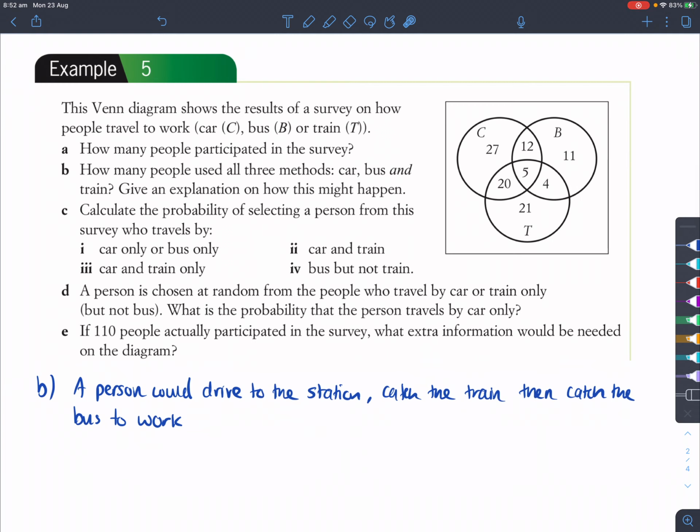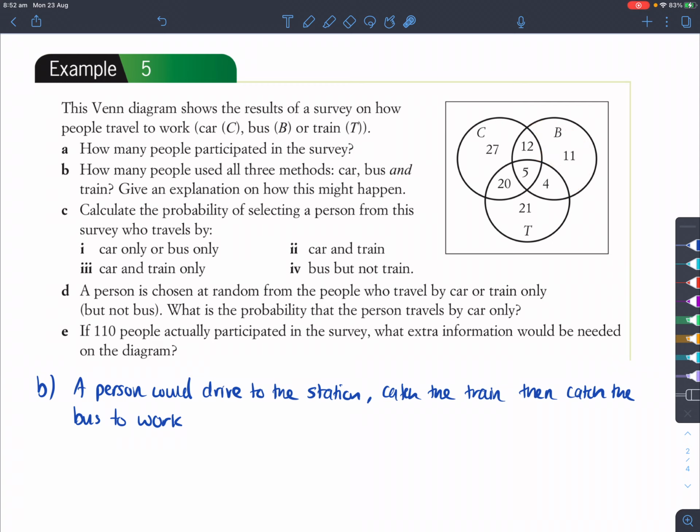This Venn diagram shows the results of a survey on how people travel to work: car, bus, or train. Evidently, you can see that some people only take the car, or only take the bus, or only take the train, and that's resembled by these parts. So that's only car, only bus, and only train.